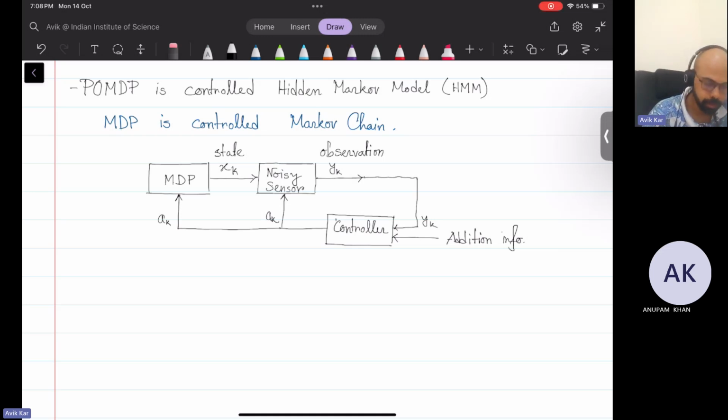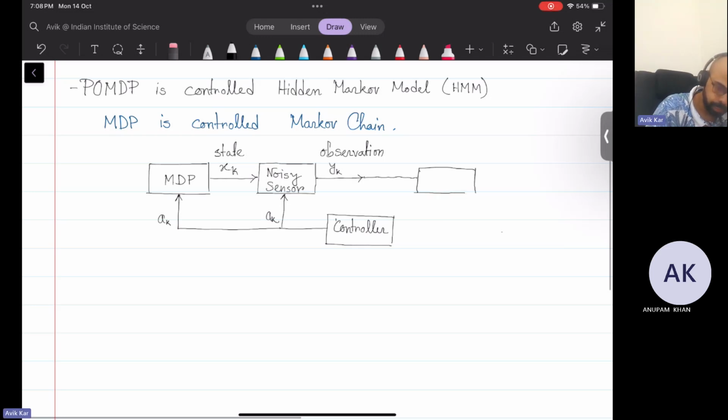Today we'll mainly discuss the one which is called belief states. So instead of drawing like this, we can add another block which will generate the belief state, some pi_k. From the hidden Markov model literature, this is called the HMM filter.